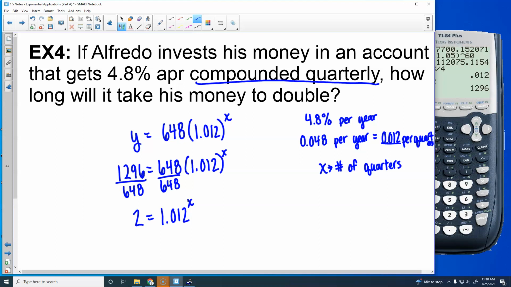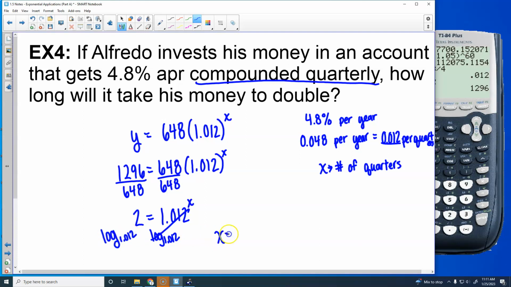How do I solve this? Okay, we can rewrite, or I like to think of it as an inverse. So to get rid of 1.012 to the power, I need to do log base 1.012 on both sides.